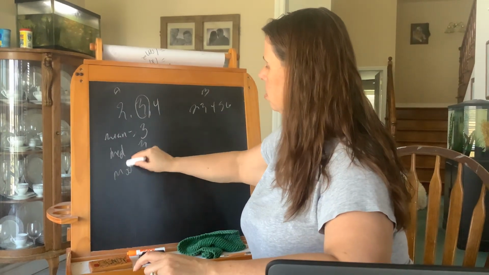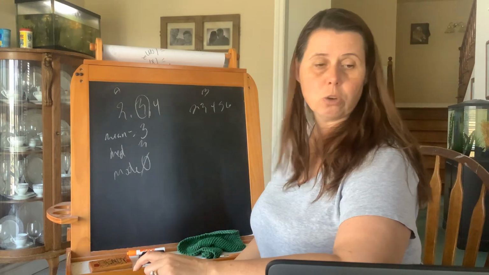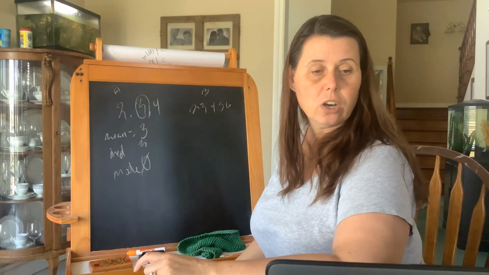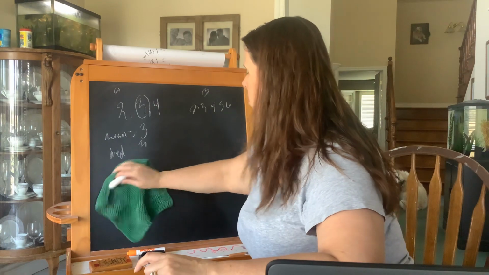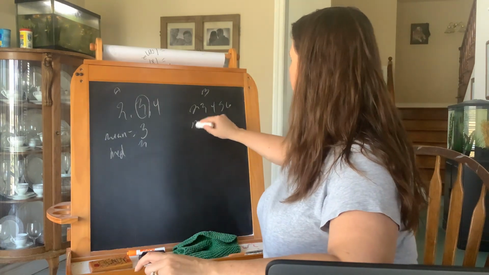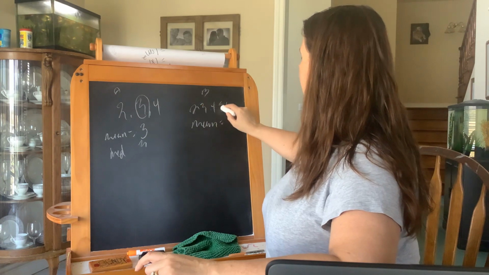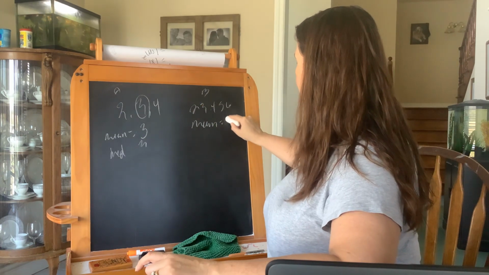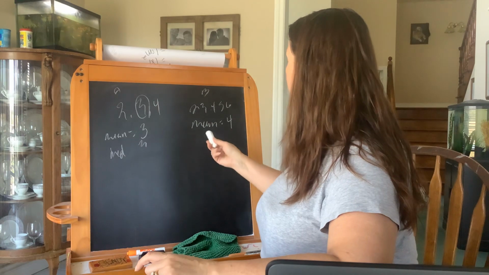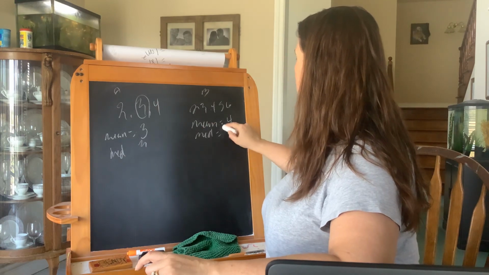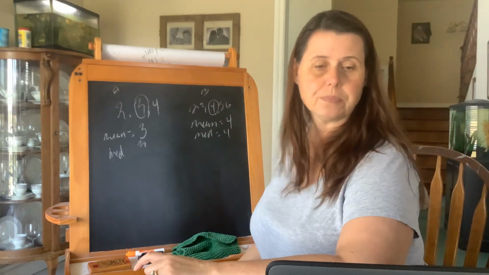No mode, nothing. There is no mode. Okay, oh, we weren't even supposed to find the mode. So there you go, mean and median. Mean, 2, 3, 4, 4, 7, 9, 14, 20 divided by 5 is 4. The median is also 4, it's in the middle.